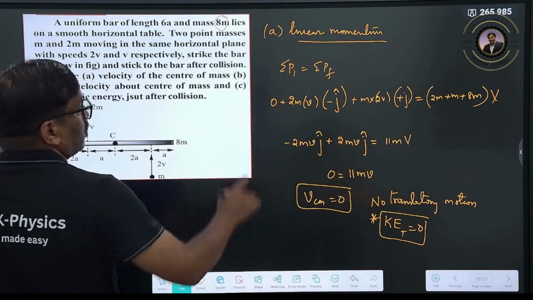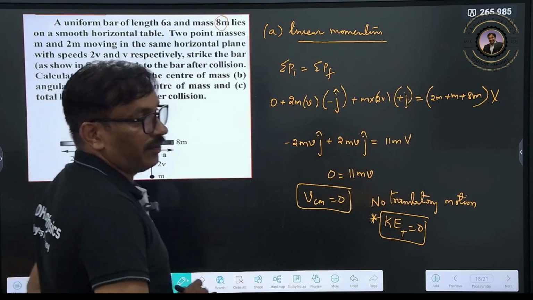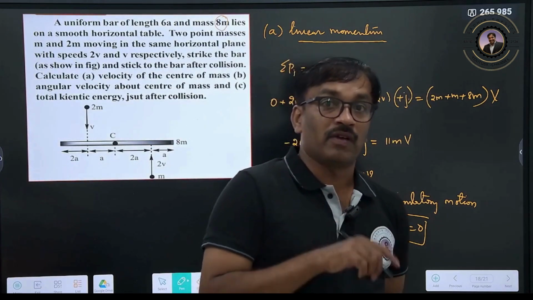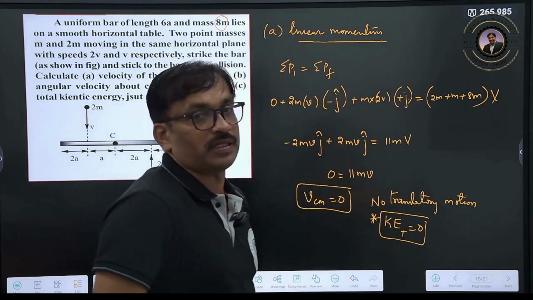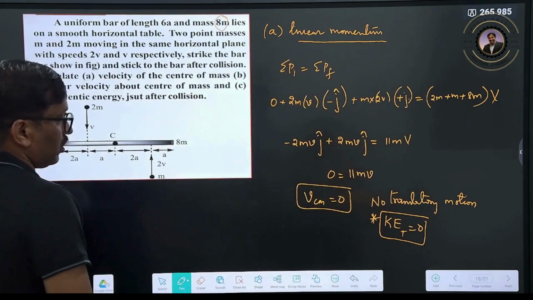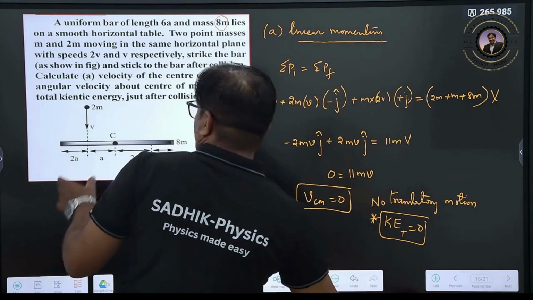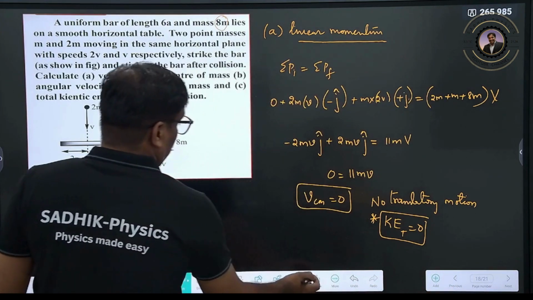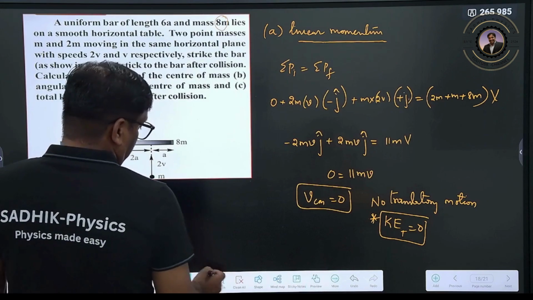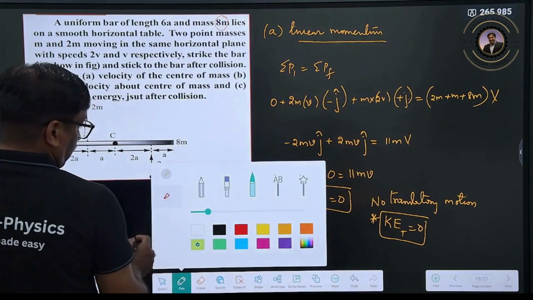For translatory, linear momentum conservation; for rotational, angular momentum conservation, right? Let us see how angular momentum works in this one. So now the net torque, right?